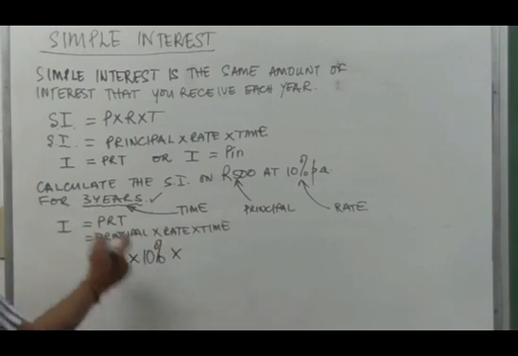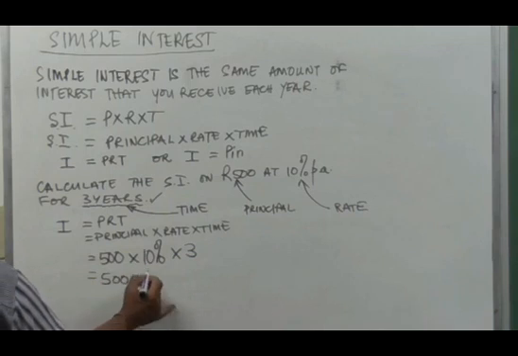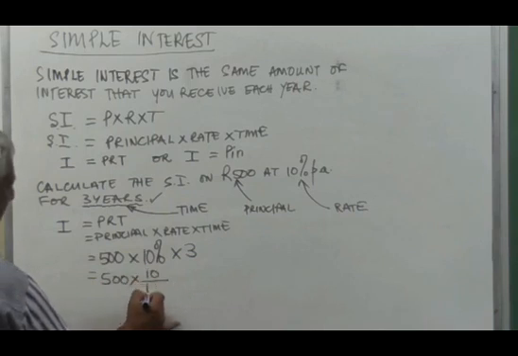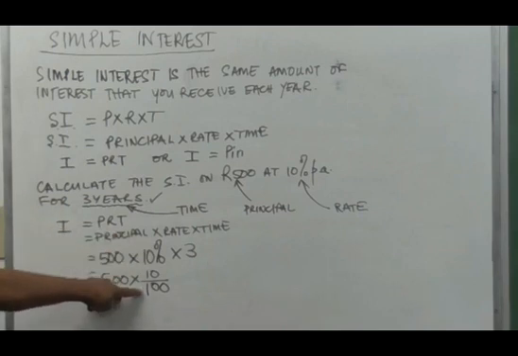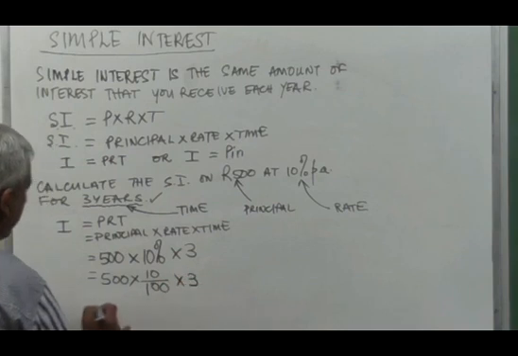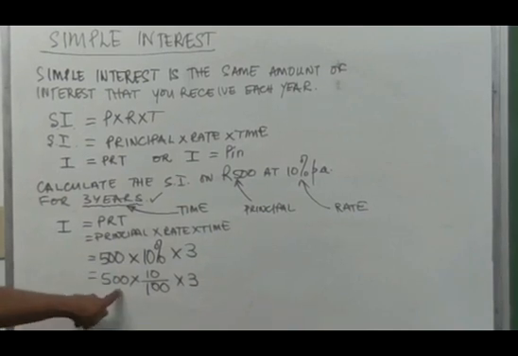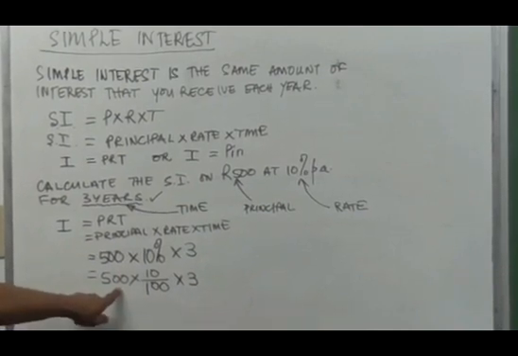The time is 3 years. Now, 10% means 10 divided by 100. So you rewrite 10% as 10 divided by 100 times 3. And then you can just use your calculator. You can punch this into your calculator and get the answer.